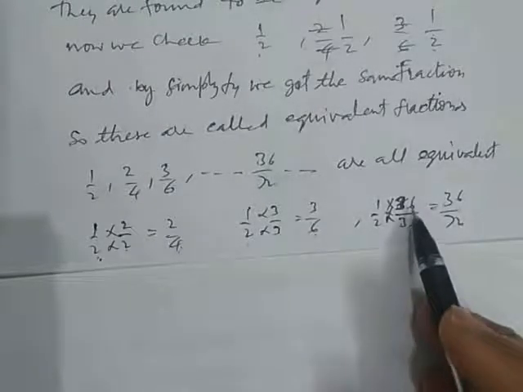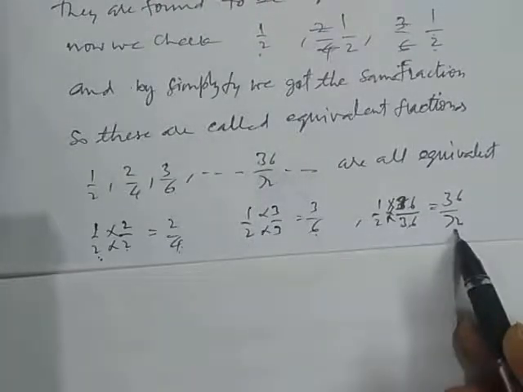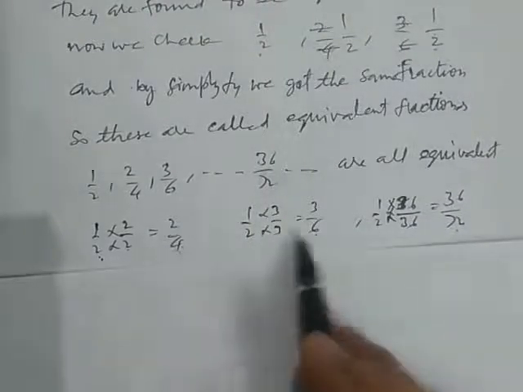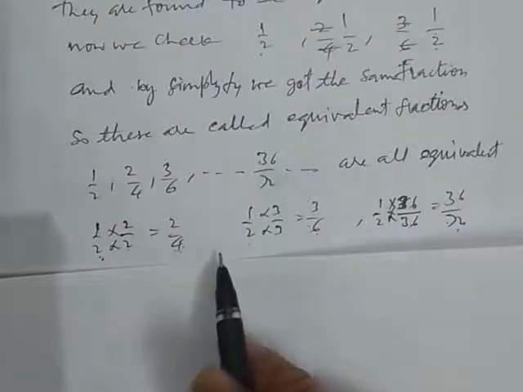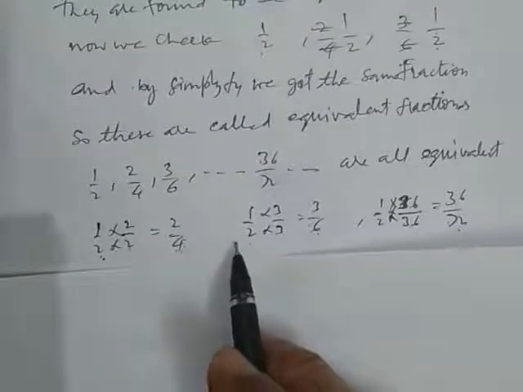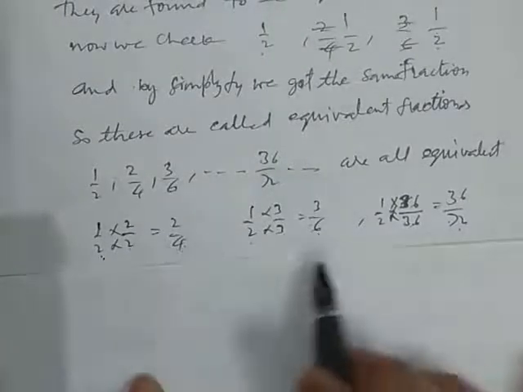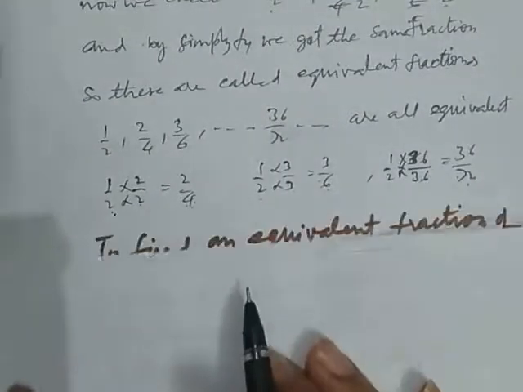If we multiply by 36, we get 36 by 72. All these are equivalent fractions. This way we can get as many equivalent fractions as we want. So learn this technique and use it.